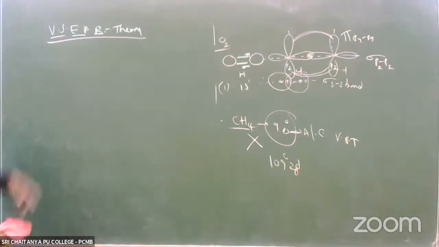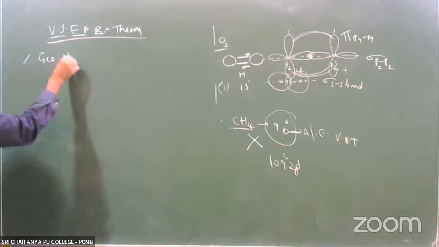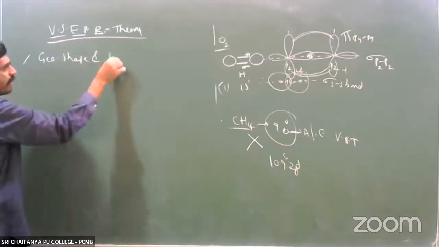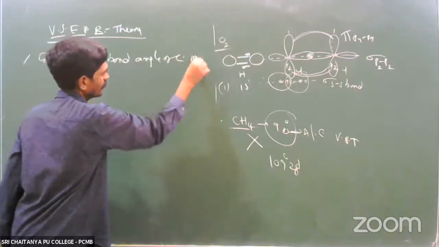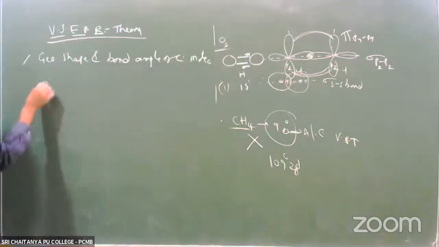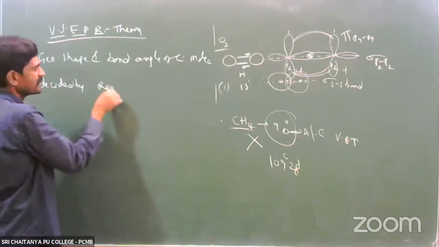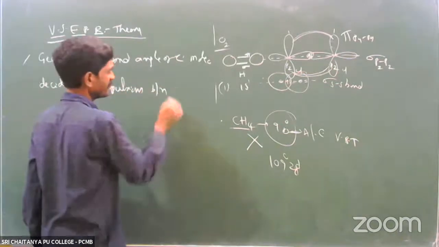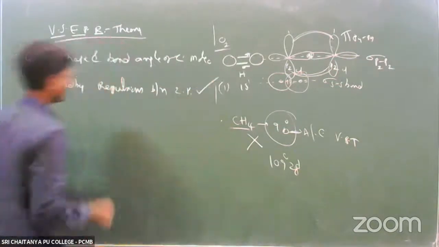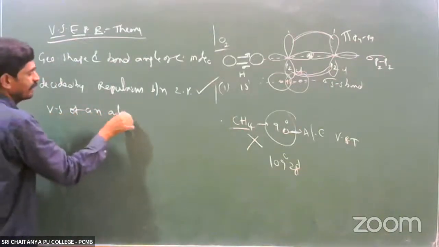According to this theory, the geometrical shape and bond angle of a covalent molecule is decided by repulsions between the electron pairs present in the valence shell of an atom.